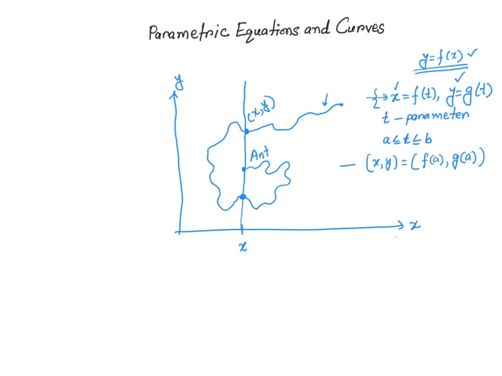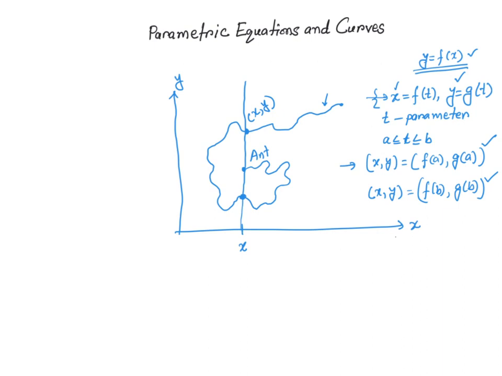So that's my initial point. And you could have a terminal point or ending point, x comma y, f of b comma g of b. So this is called the initial point and this is called the terminal point.